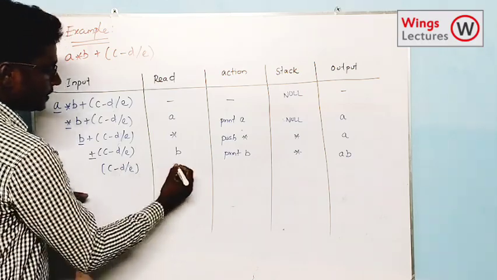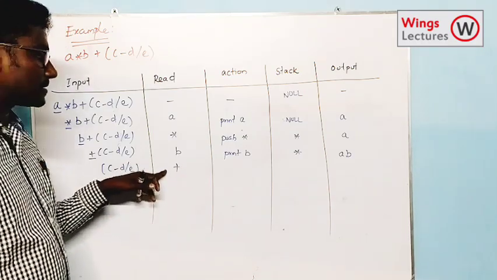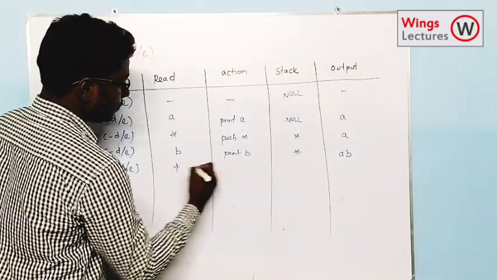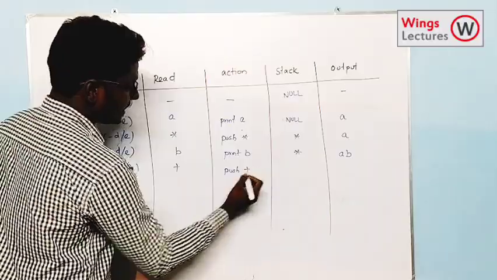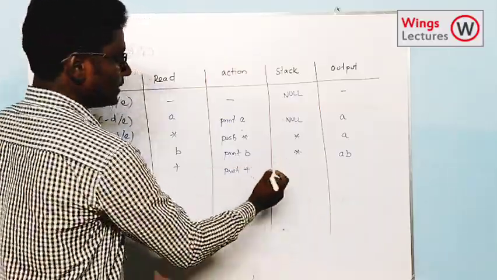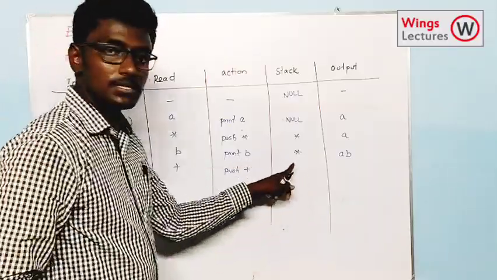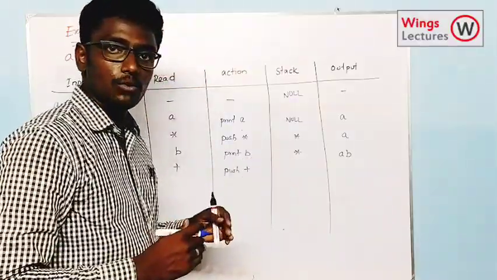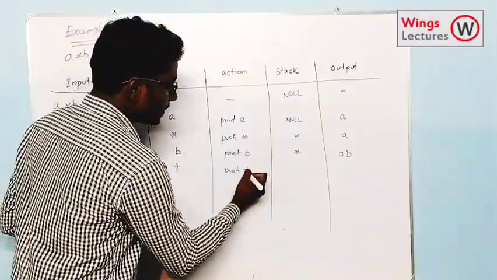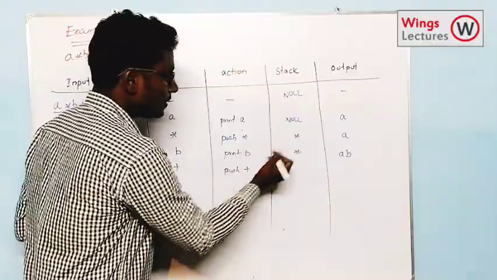C minus D. I'm going to read plus. Now, the action is I have to push plus into the stack, but in the stack I already have star. So I have to compare plus and star.